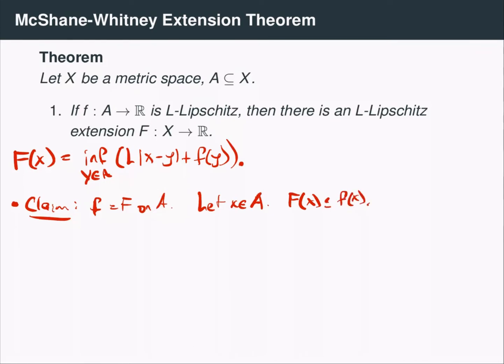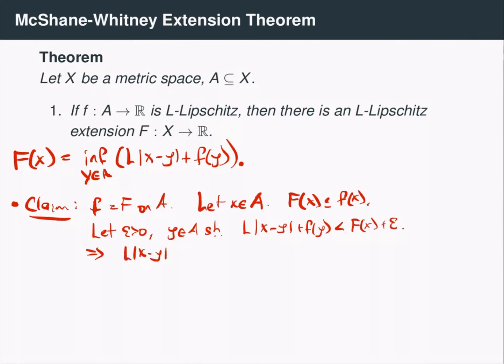So now we just need to prove the opposite inequality. So let epsilon be bigger than 0, and let's pick y in A so that L|x - y| + f(y) is very close to the infimum. So let's say it's less than F(x) + epsilon. So this implies, if we subtract f of x from both sides, we get L|x - y| + f(y) - f(x) is at most big F of x minus little f of x plus epsilon.